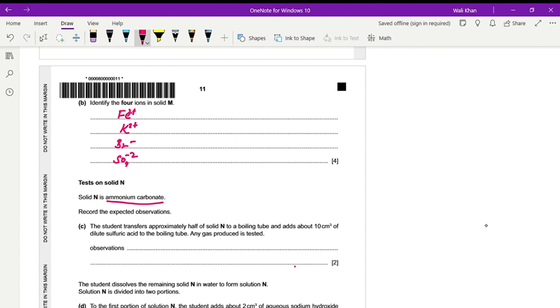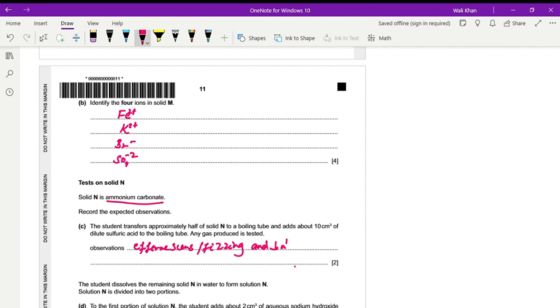Now the gas is produced, so we make a test for the gas. The observation is effervescence, fizzing and bubbling.